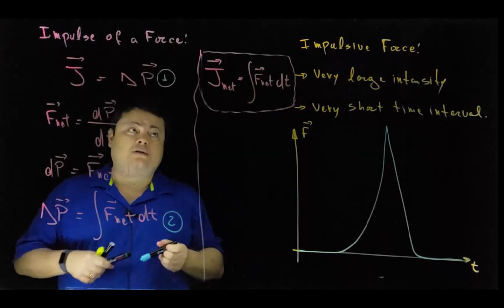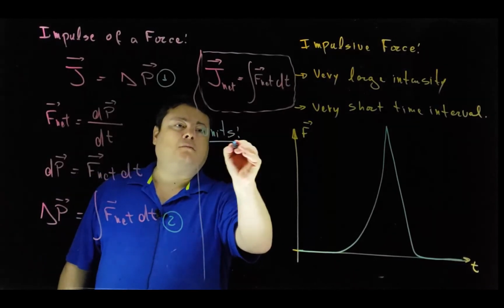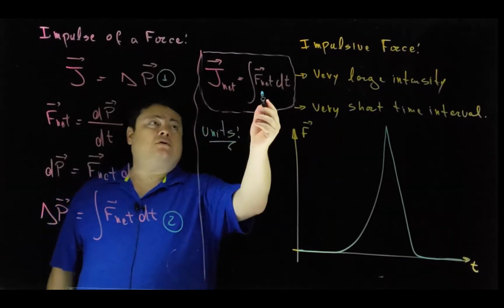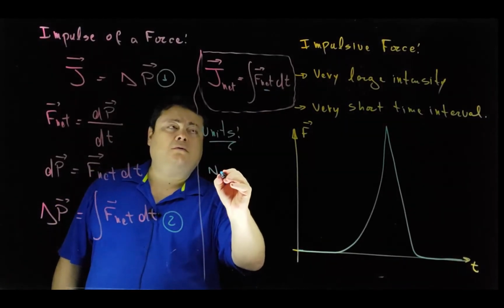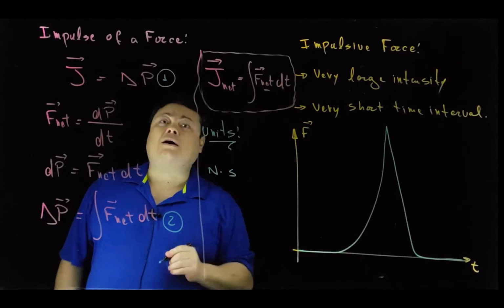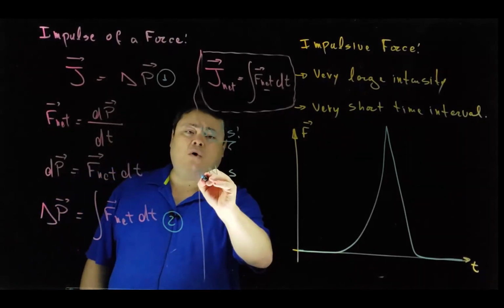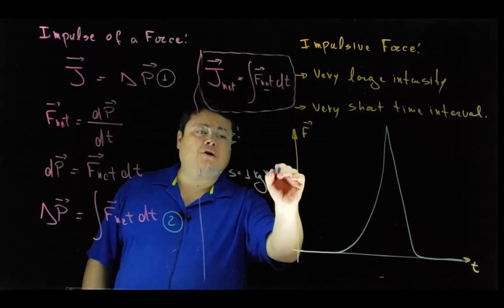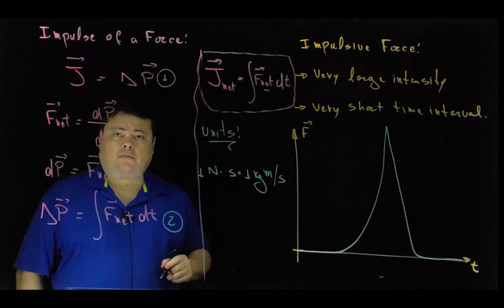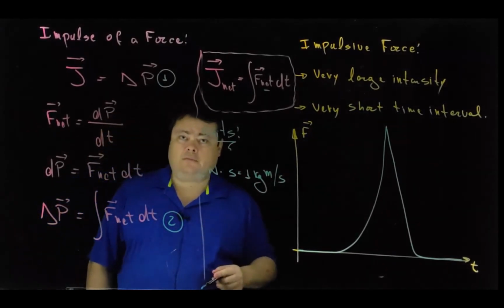In terms of units, impulse is given then as Newton multiplied by second. And I'll leave for you a verification that 1 Newton second is the same thing as 1 kilogram meter per second. Okay? And neither of these units have any special name.